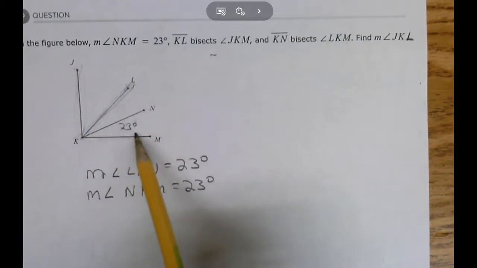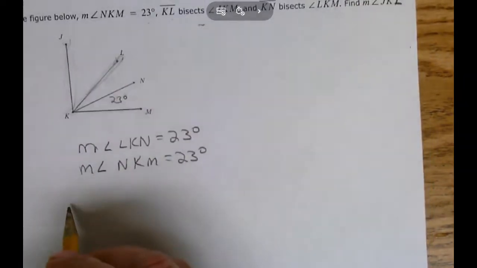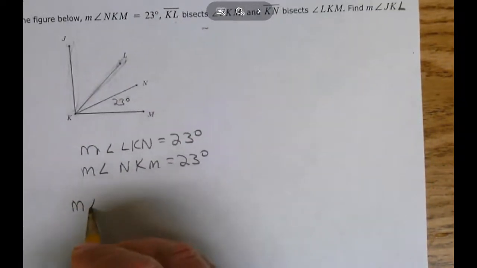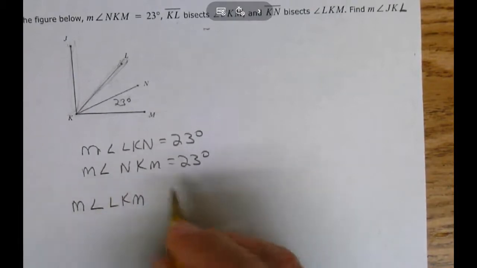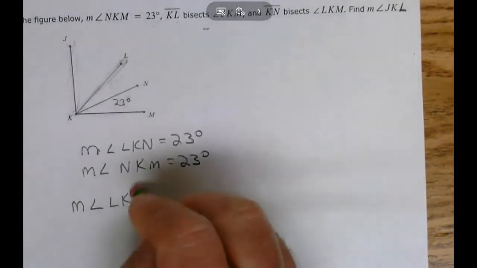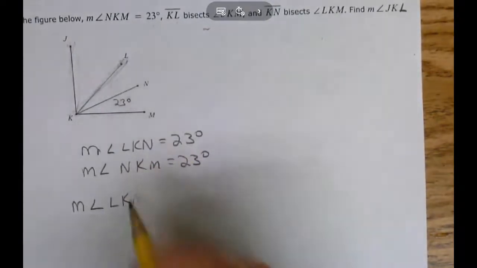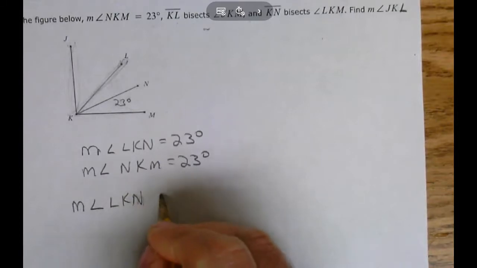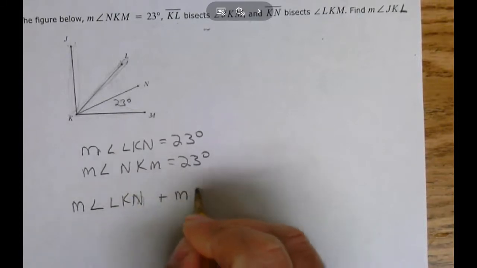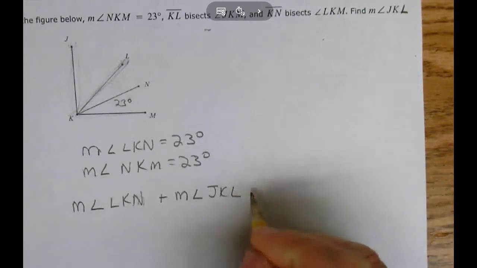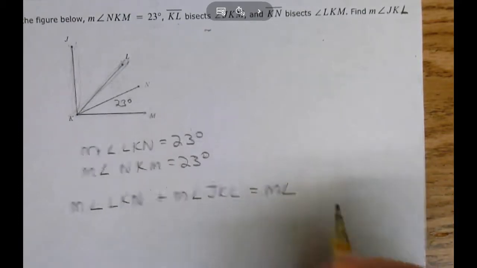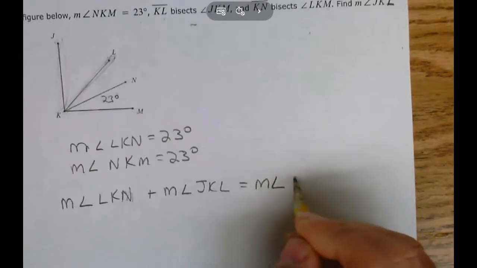So we know that the measure of angle LKN plus the measure of angle JKL will give us the measure of angle JKN.